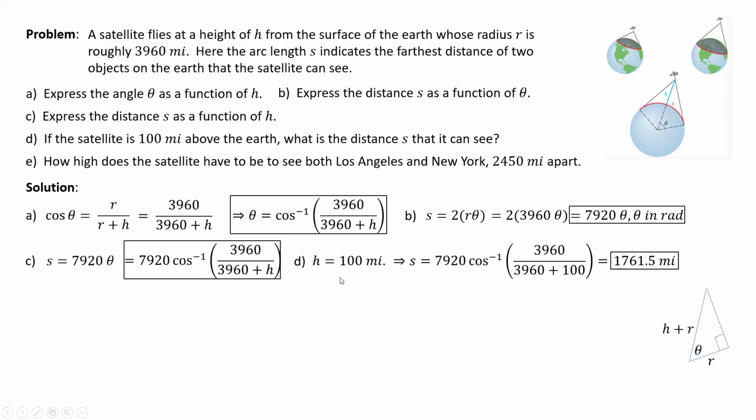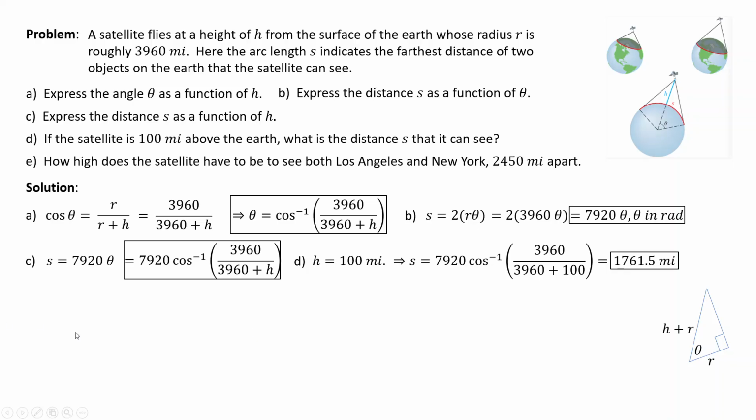Perhaps it wouldn't be a bad idea to just open up Google Maps or something like that and look at two different places in the world that you know of that are about 1761 miles, close to 1800 miles, and say, wow, so you mean to tell me that the satellite can see both Sydney, Australia, and I don't know, Adelaide, or probably not Perth. Perth would be too far away. Well, so something like that.